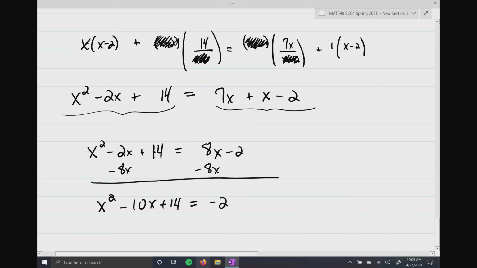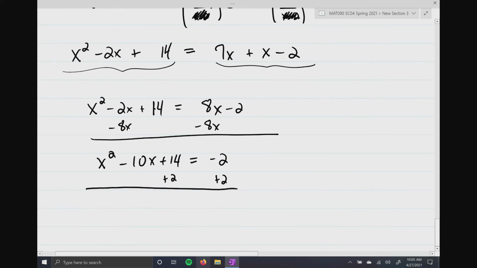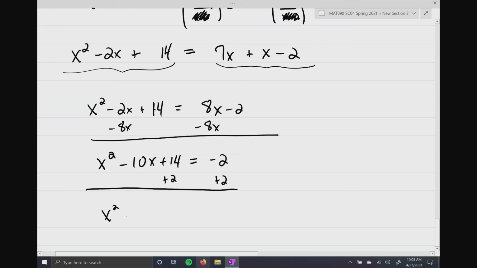Now I will add 2 to both sides. That's going to give me x squared minus 10x plus 16 equals 0. So it's still quadratic. It's equal to 0. There's no GCF.